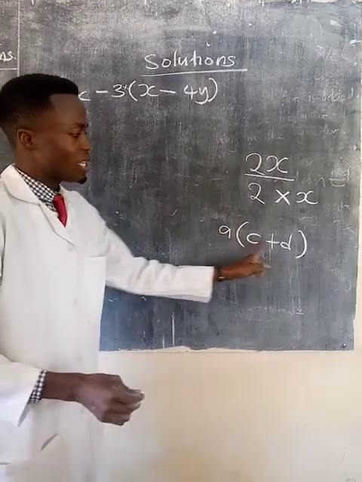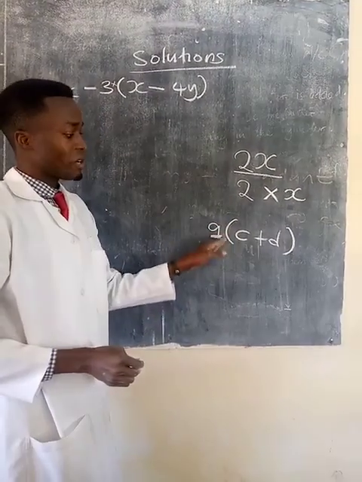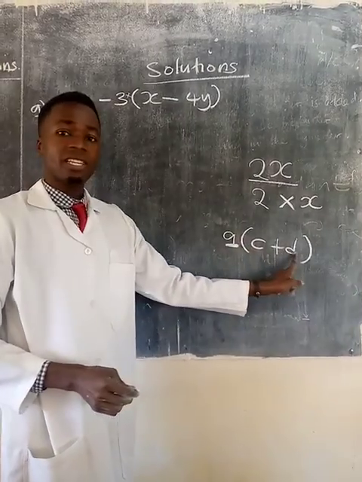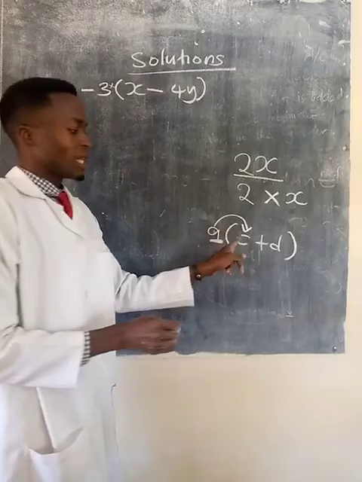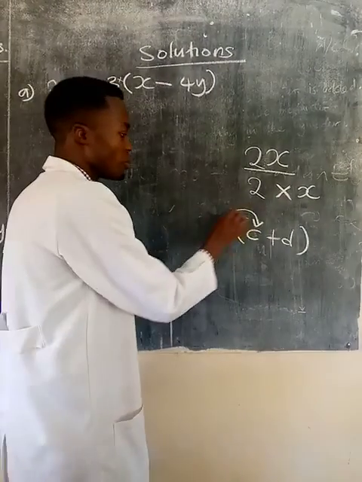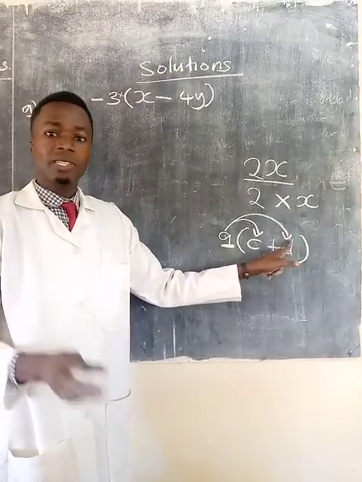For me to open up these brackets, this number, or a variable, is supposed to multiply with everything in the brackets. So I'll multiply a times c, then a is also supposed to multiply with d there. That's the way you're supposed to open up the brackets.